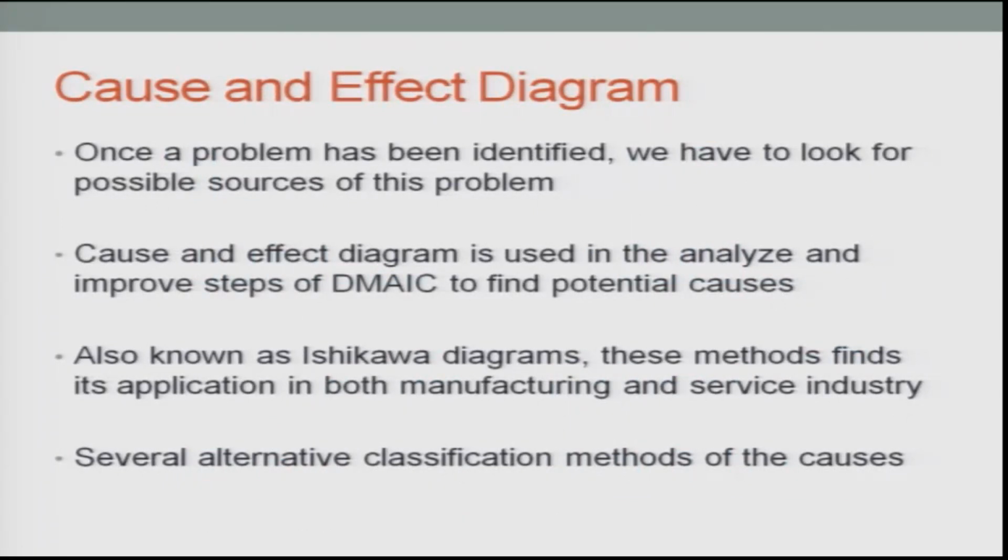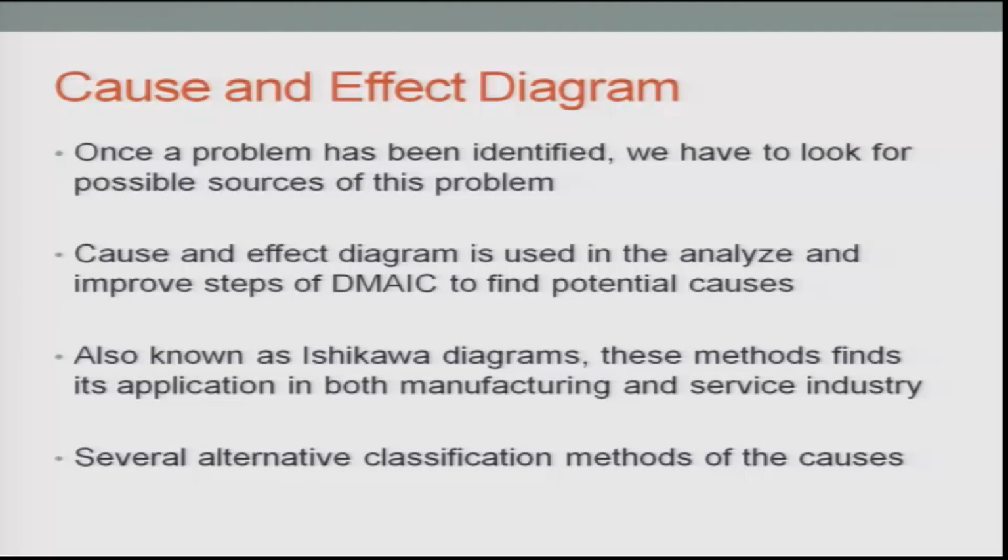The next idea, which is very heavily used in statistical process control and total quality management, is the cause and effect diagram. Once a problem has been identified, we have to look for the possible sources of the problem. Cause and effect diagrams are used to analyze and improve steps, to find potential causes and how they can be rectified.